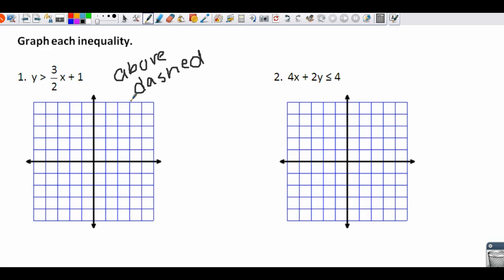I'm going to start with my y-intercept, which is positive 1. I'm going to apply my slope of up 3 over 2, or down 3, and left 2. And again, my line is dashed. And my shading is above.